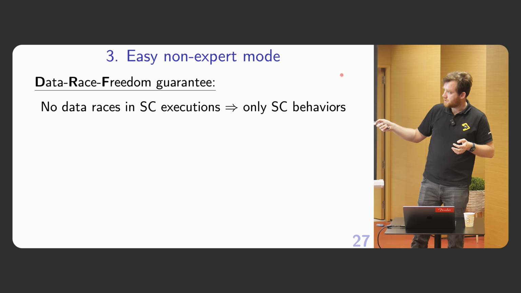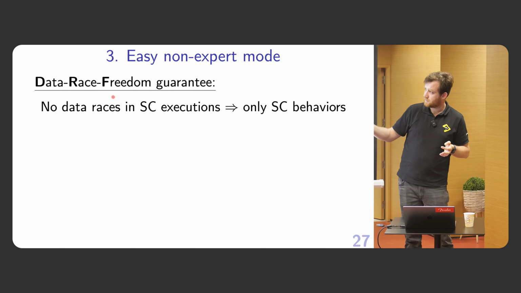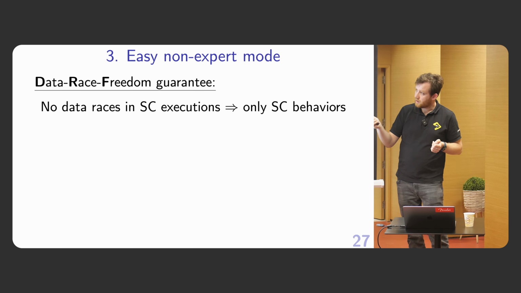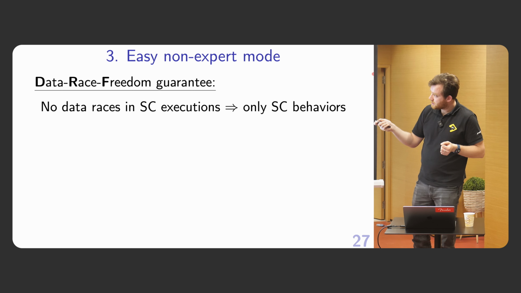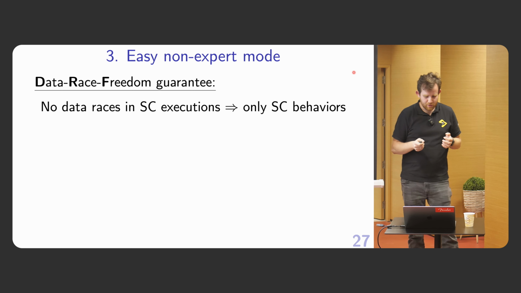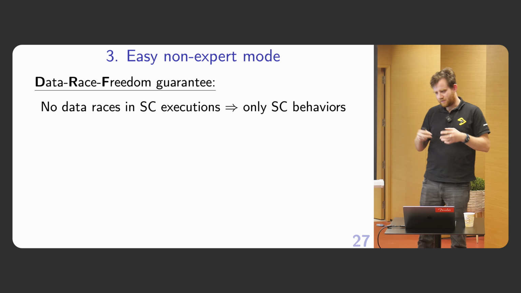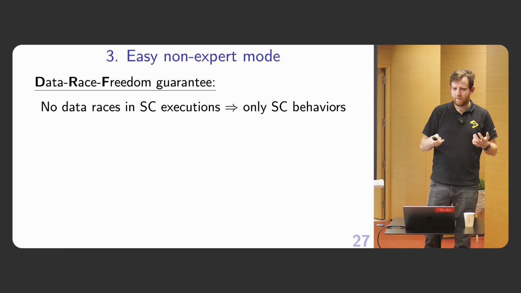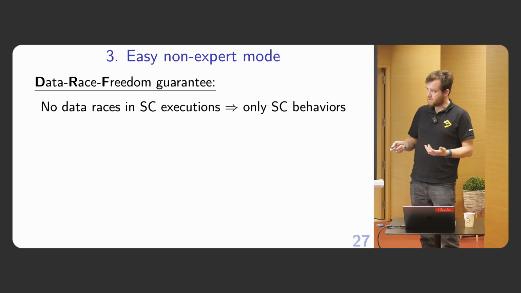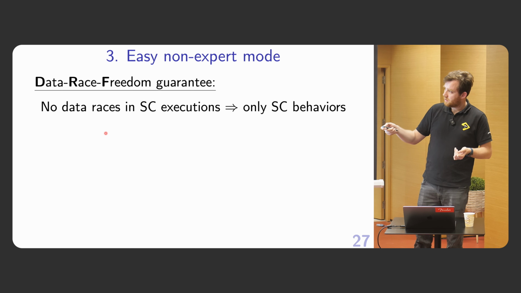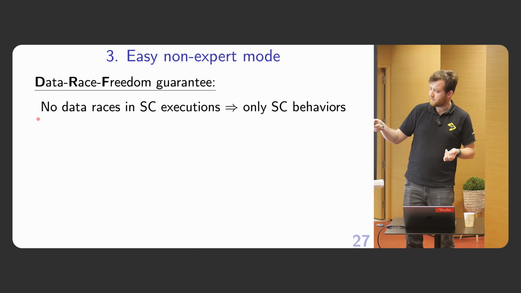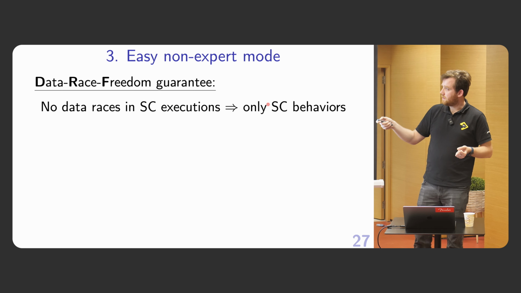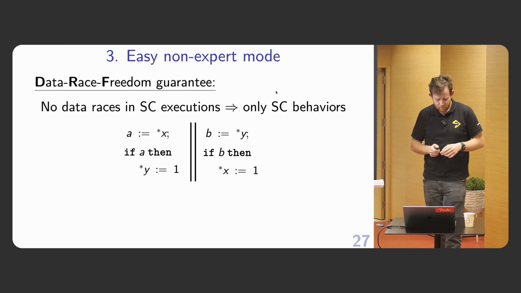By the way, these conditions are usually called the data race freedom guarantee, and the formulation in this sense is good because if you are writing good enough programs, the only thing you have to know is sequential consistency. There is nothing language-specific or memory-model-specific in this definition, so there is no happens-before or anything like that. And then you get only sequentially consistent behaviors, which is also quite easy.